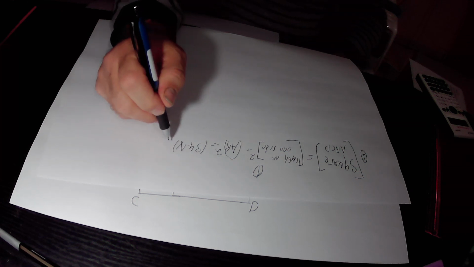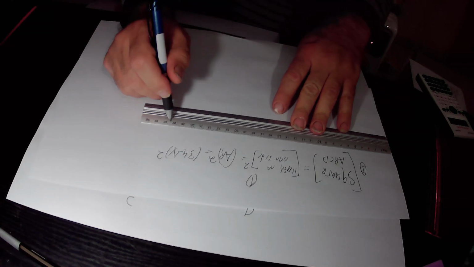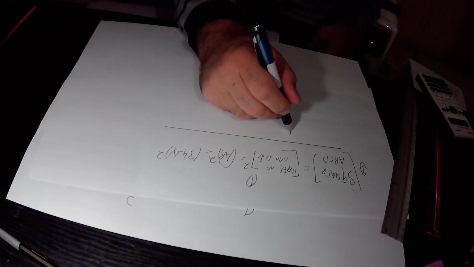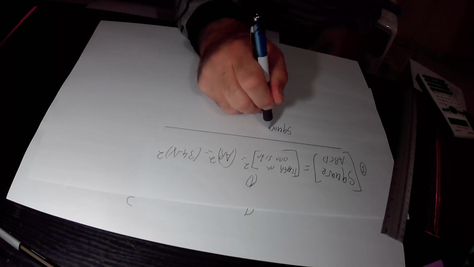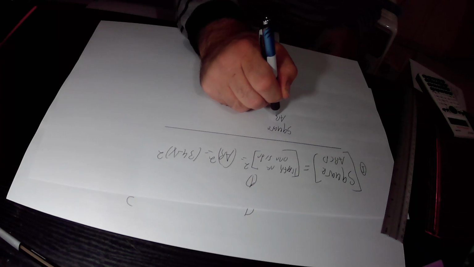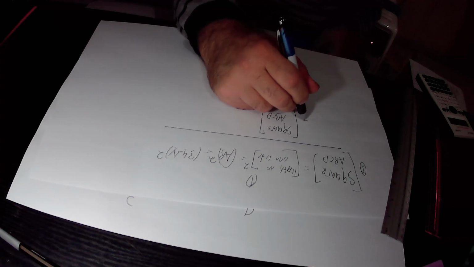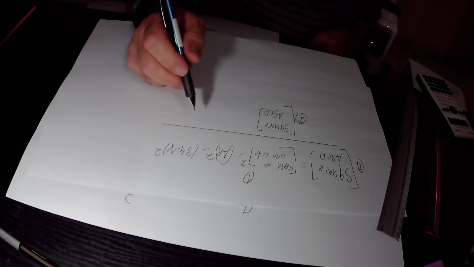Therefore, AB squared must be equal to (34 plus x) squared. So in total, we found that the area of square ABCD, according to the first method of calculation, is equal to (34 plus x) squared.